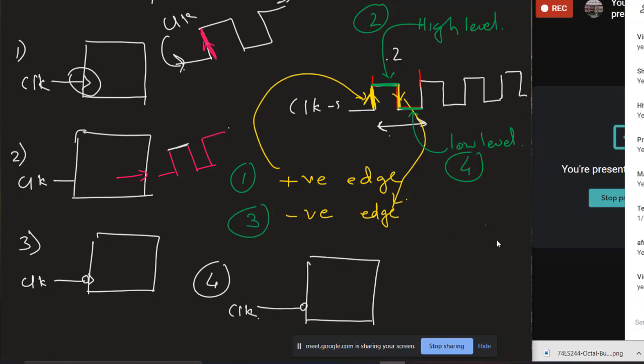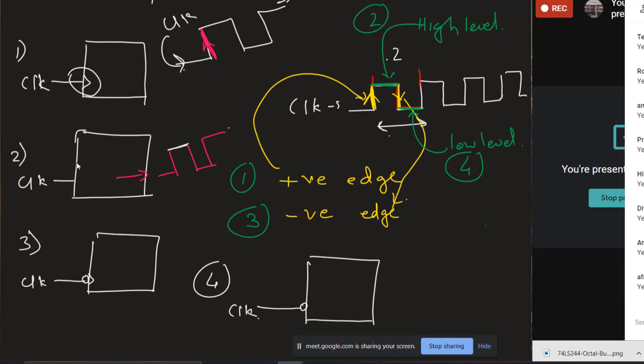Is this part clear? Okay, good. So let's see again. I'll repeat the second part once again. Please pay attention. In the second circuit I have shown, your output will change according to the input combination only when your clock is at the high level, and the other part of the time the output will not change. Only with the high.